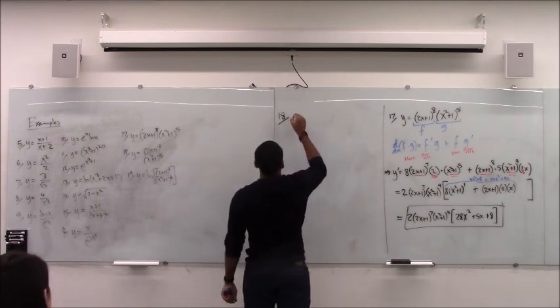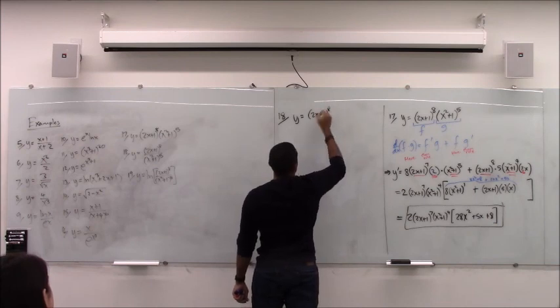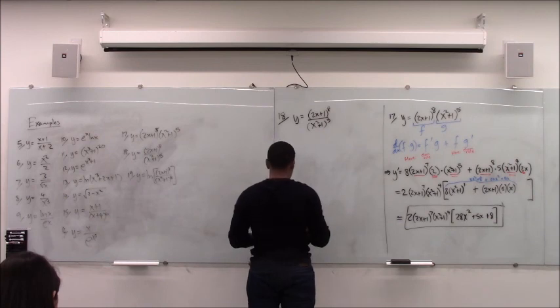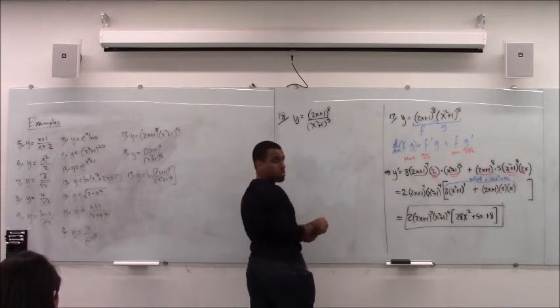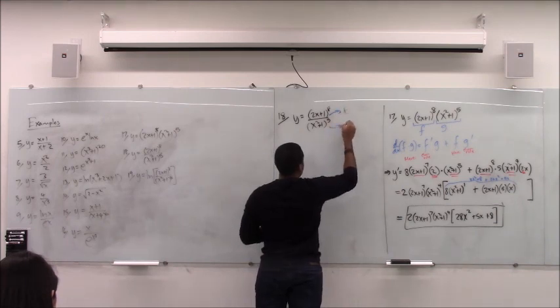Practice. What if I had the derivative of the division of them? How would you do this? Quotient, right? So think of the top as the f, the bottom as the g.